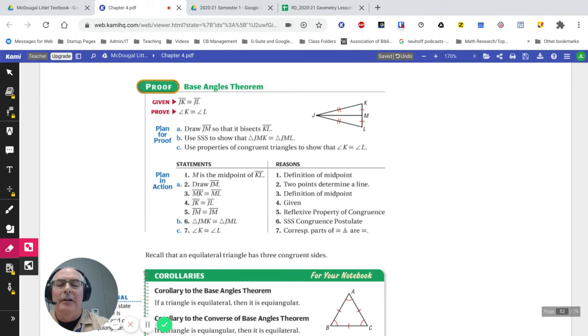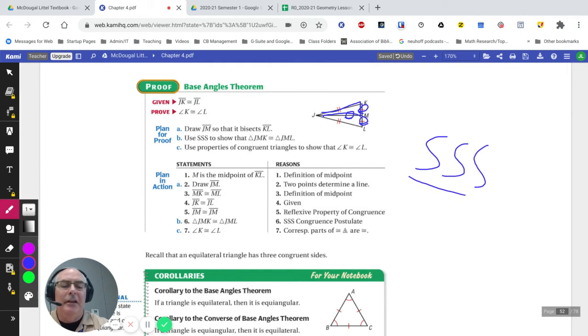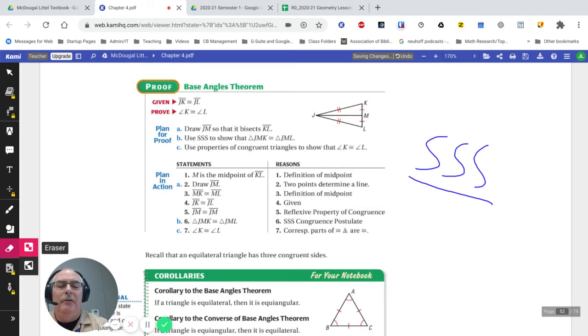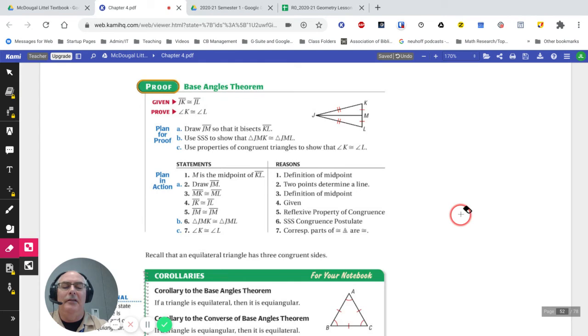Well, when I draw a bisector from JM, now I know that those two sides are the same, and this third side is the same. So now I've created two smaller triangles that, using side, side, side, I've taken my isosceles triangle, drawn a bisector, and created two congruent smaller triangles. Again, what I've done is break down my drawing and evaluate it using side, side, side.